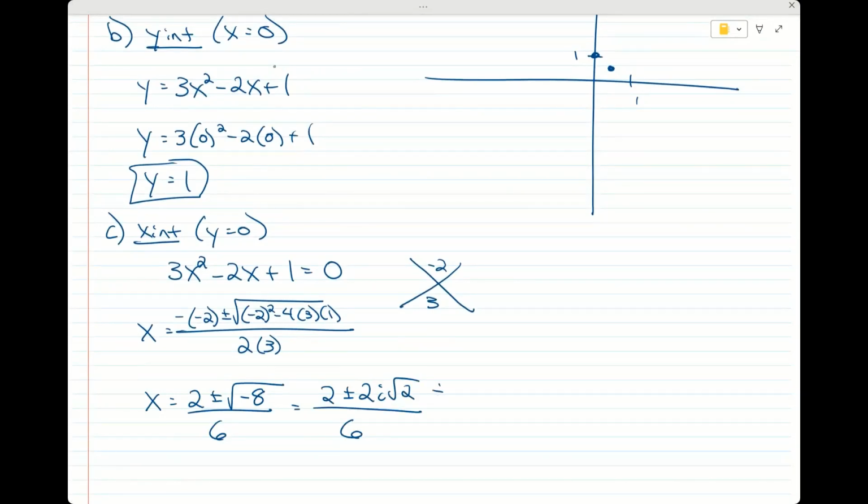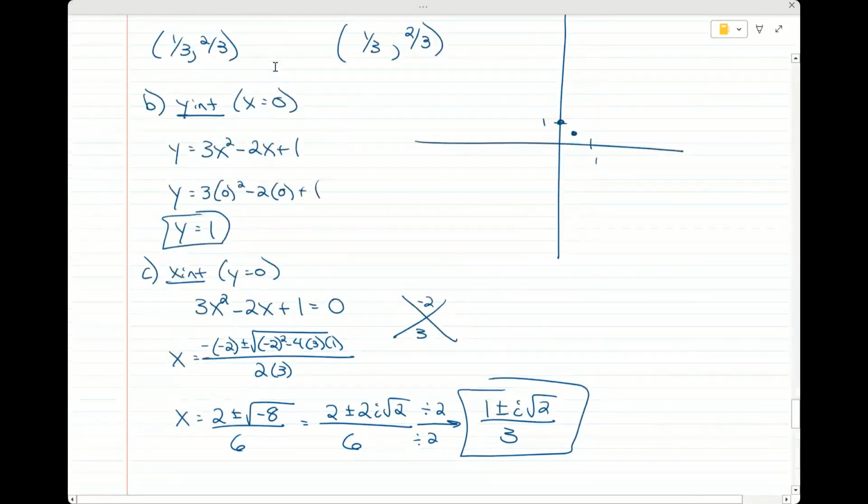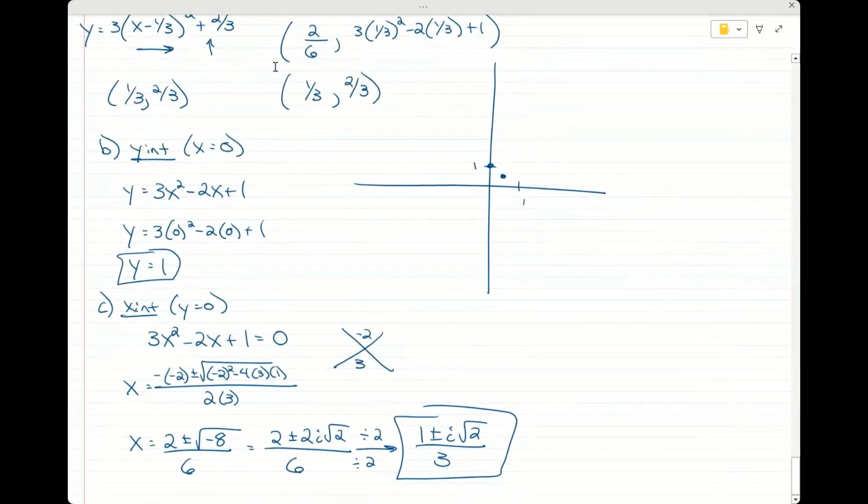We can go ahead and divide the numerator and the denominator by 2 to fully simplify. And we just get 1 plus or minus i root 2 over 3. Which makes sense too, because if you look at the graph, the vertex is 1/3, 2/3, and it's going to open up, so it never crosses the x-axis. So we would imagine that the x-intercepts are imaginary.